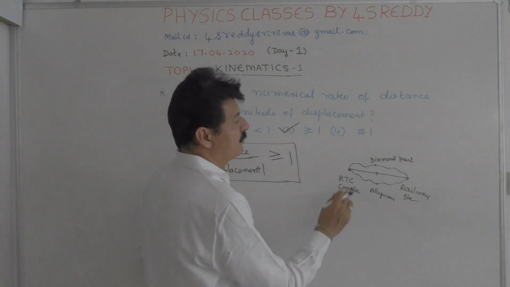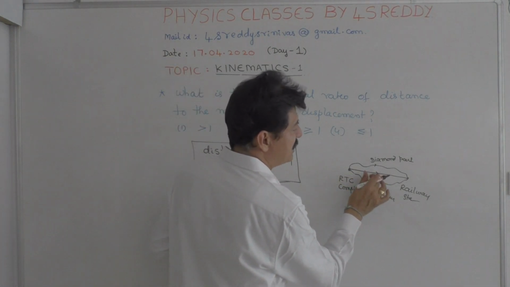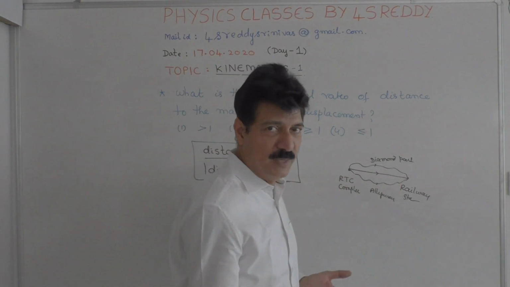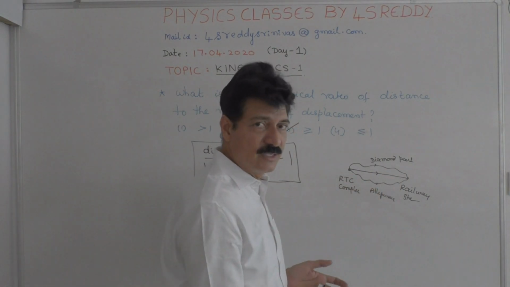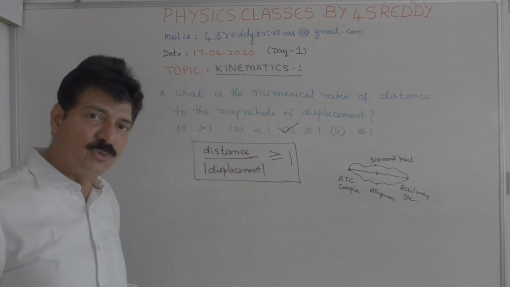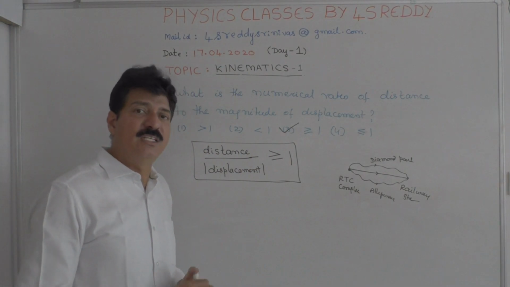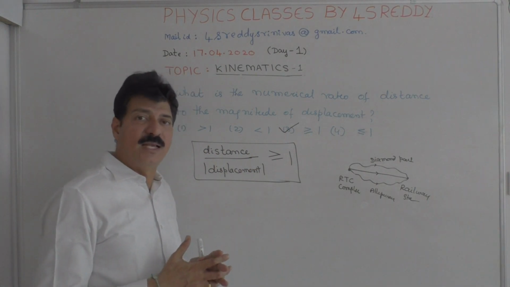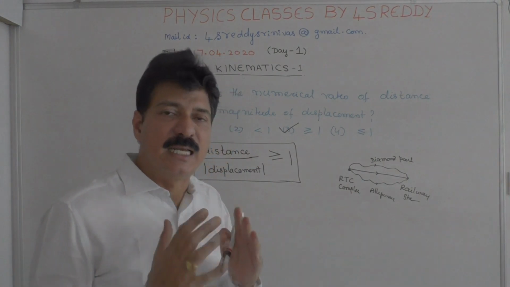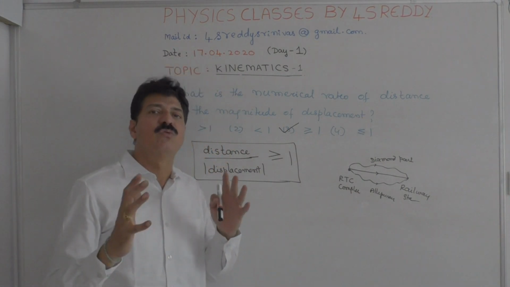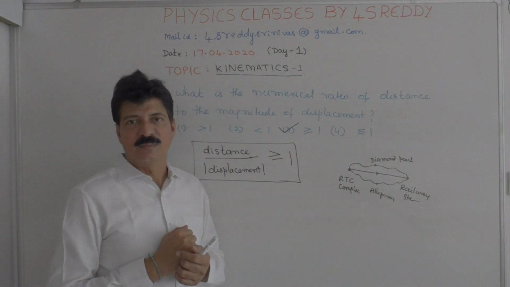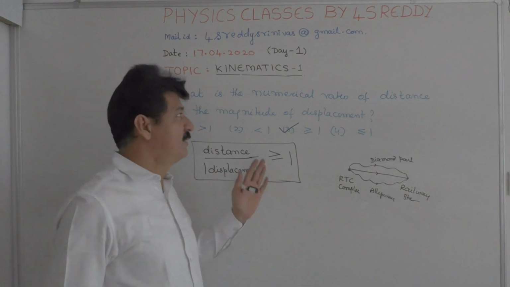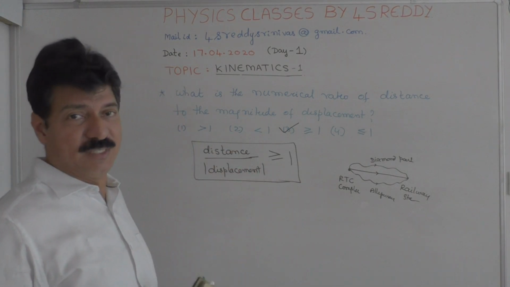At the same time, if you mention the direction along the shortest path, it becomes a displacement. If you don't mention it, it is a distance. So in that case, the ratio becomes 1. So the ratio of distance to the magnitude of displacement is always greater than or equal to 1. These are some types of understanding questions that may come from this.